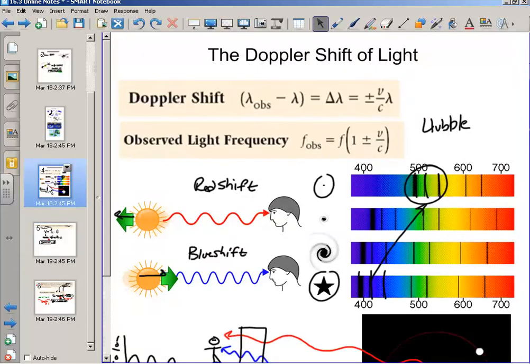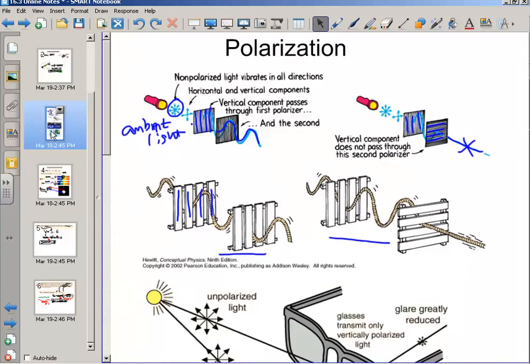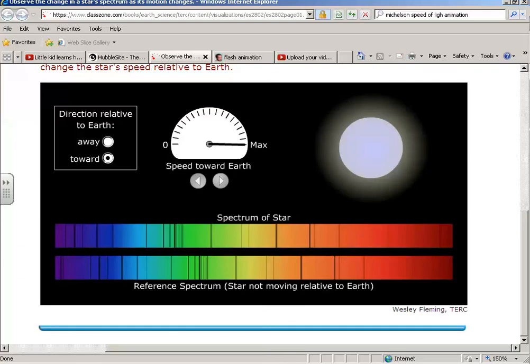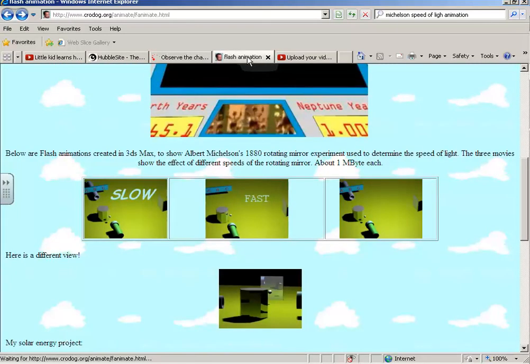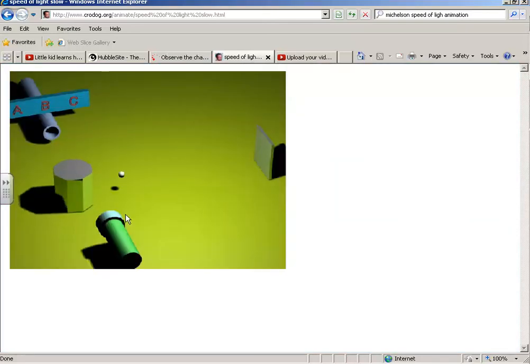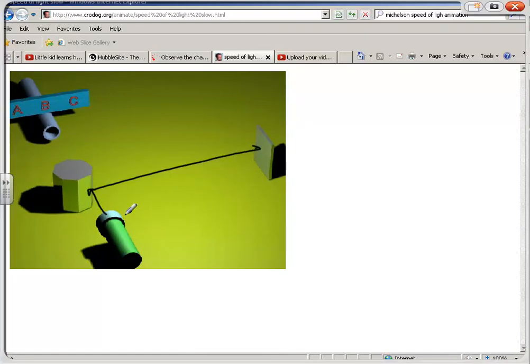All right, I think that's everything I've got for you. Maybe I'll show you one other interesting website that I found. This shows Michelson. Your book mentions other ways to find the speed of light. There was this guy named Michelson, and what he did is he used an octagonal mirror that was rotating, and he shined light off of this mirror, and the light would bounce over here, bounce back, and bounce at a detector.